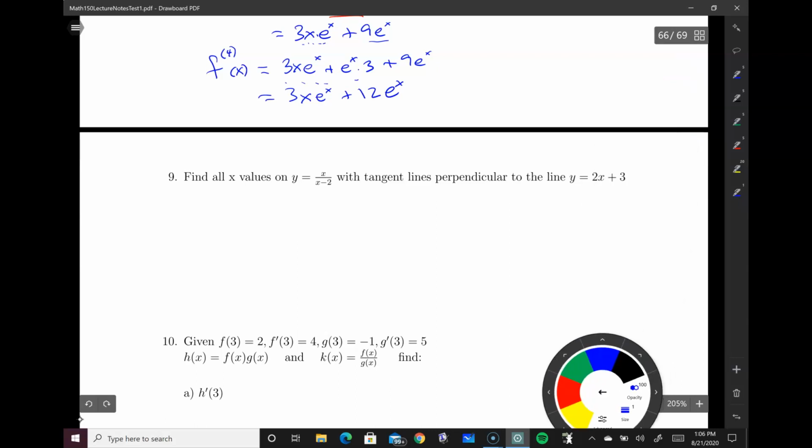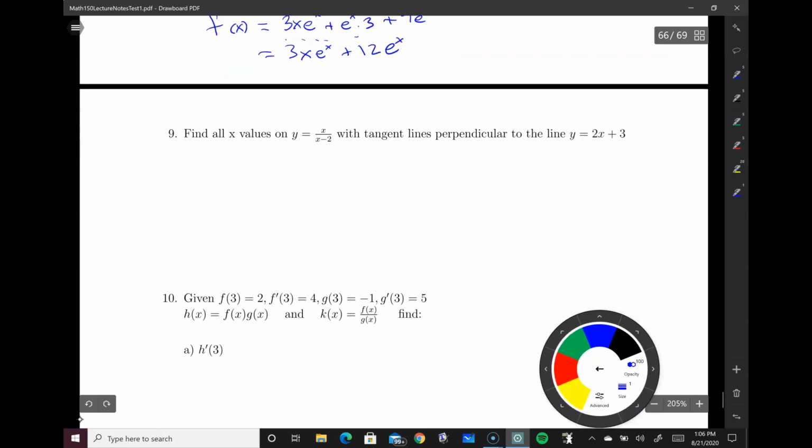All right, so let's look at what we've got here. More derivative application. Find all the values of x on this function where the tangent lines are perpendicular to this line. Perpendicular slope, so I know the slope we're talking about is negative 1/2, right? So I want the tangent line, so I want the derivative equal to negative 1/2.